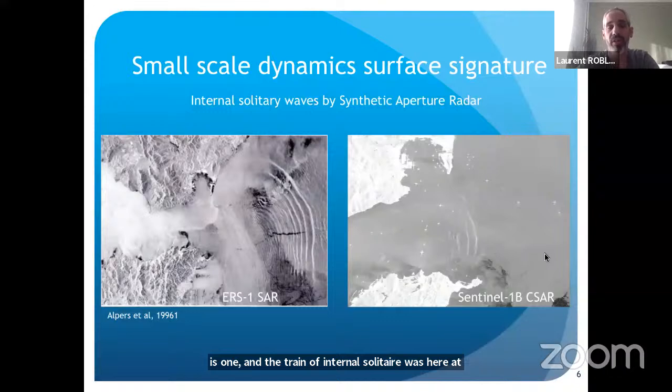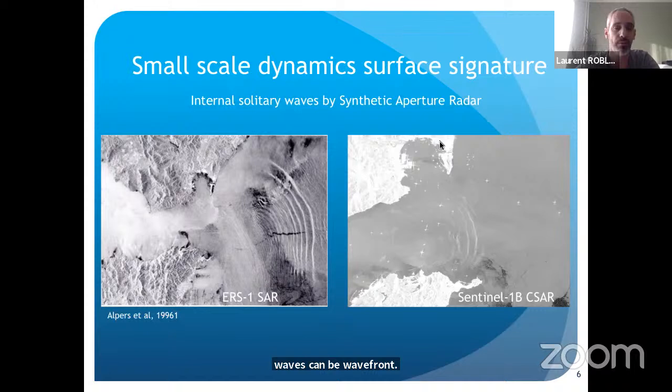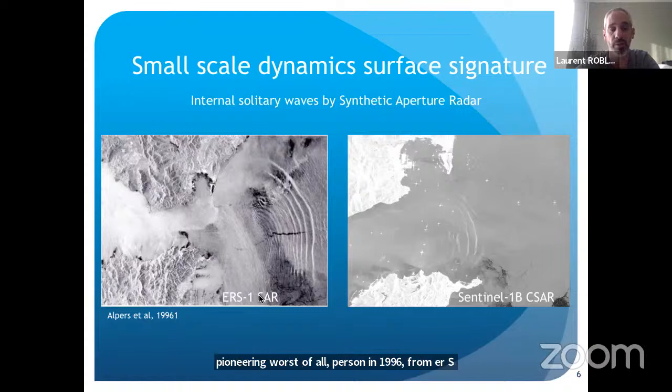The surface signature of these internal solitary waves can be seen from space. This is mainly seen from the pioneering works of Alpers in 1996 from the ERS-1 synthetic aperture radar instrument. You can see here the same with the latest SAR radar from the European Space Agency.